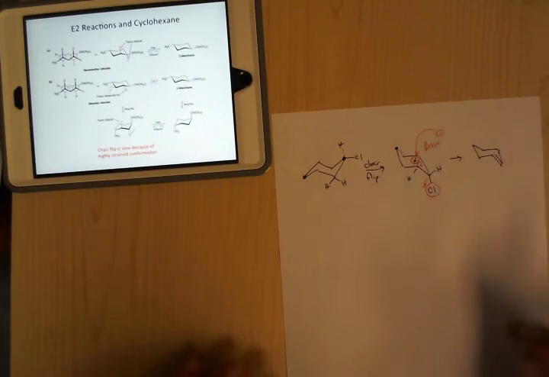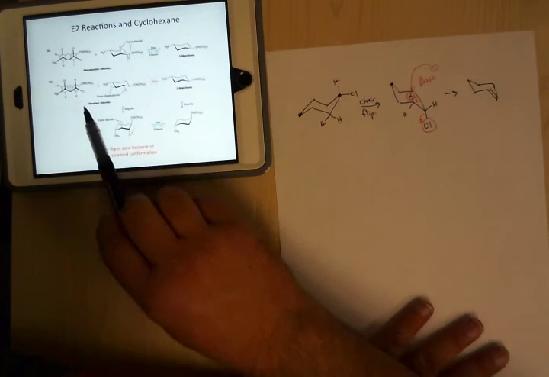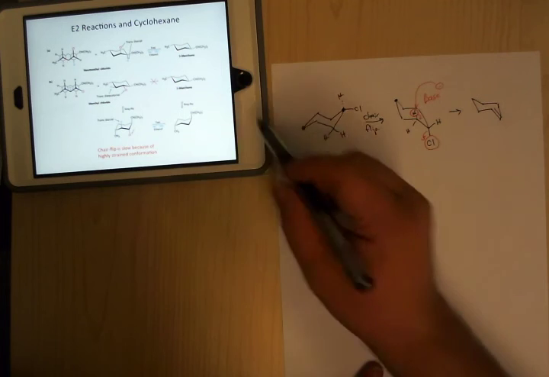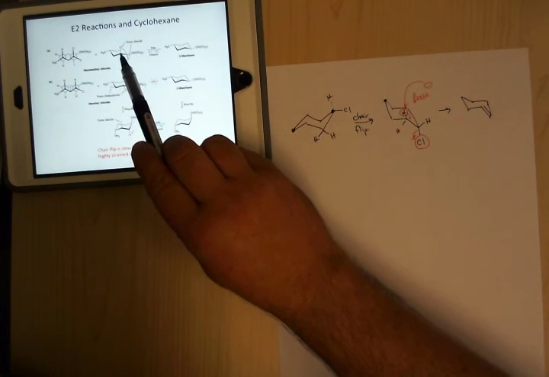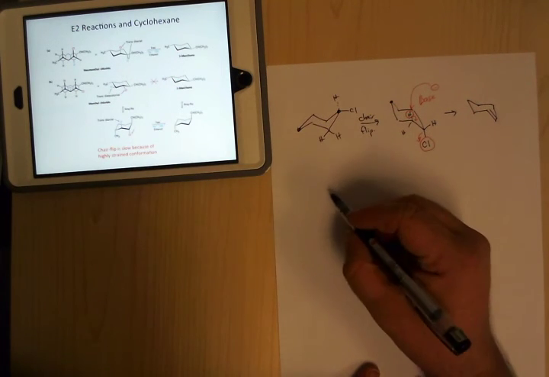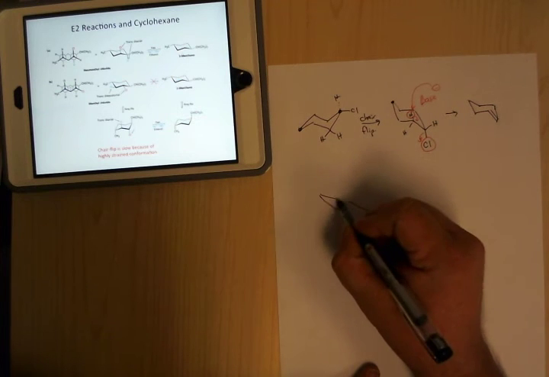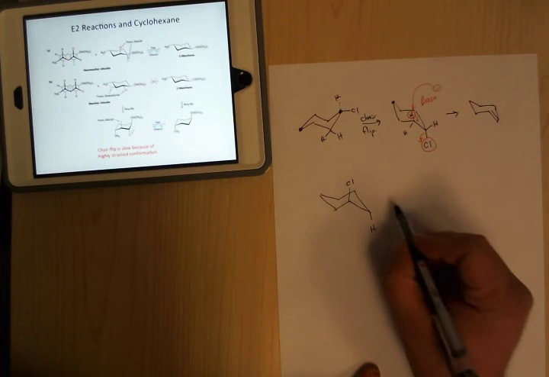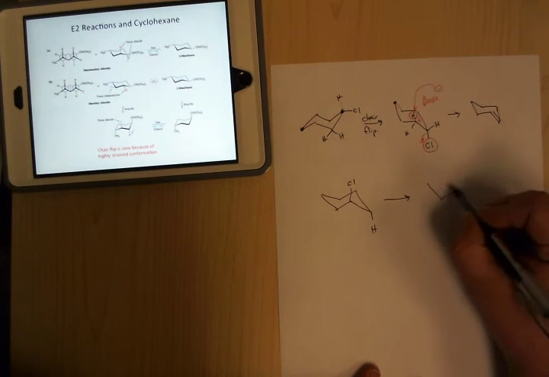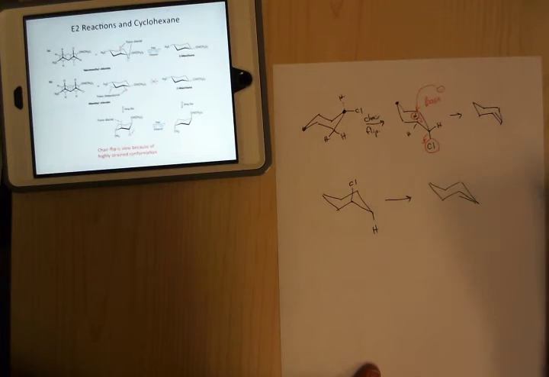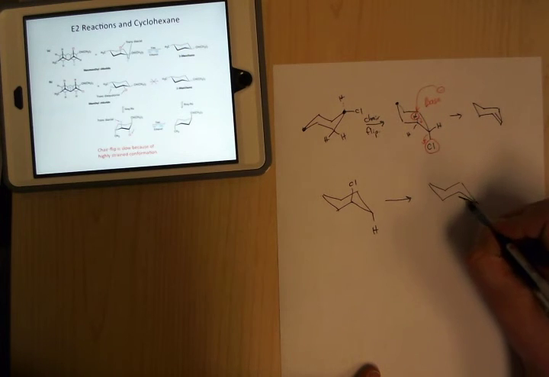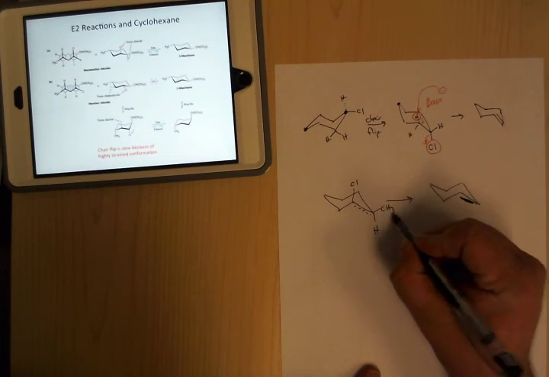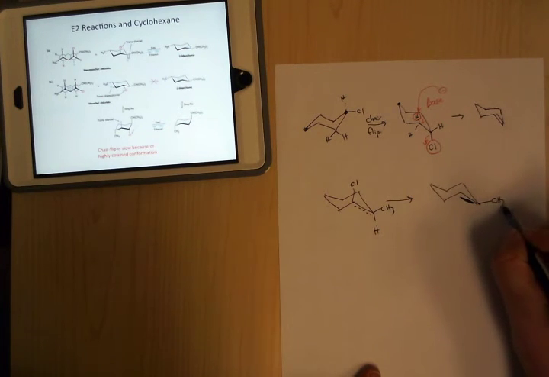Now, one of the things you have to worry about is if you do this and you are blocked. So in this case here, if you have, say, this one, that reaction can go, no problem. Get a double bond in between here.